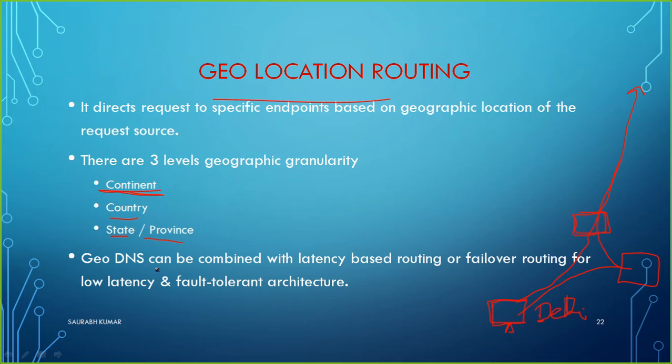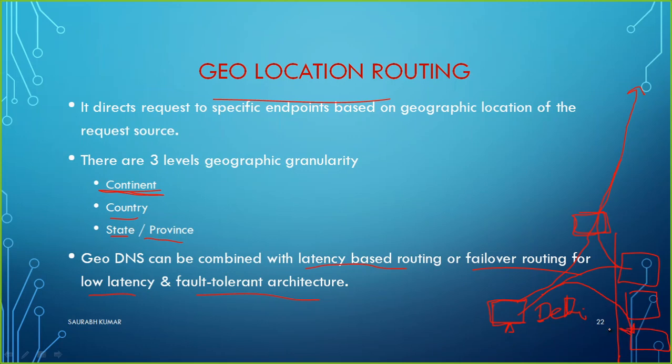DNS can also be combined with latency-based routing as well as failover routing for a low-latency and fault-tolerant architecture. So with GeoDNS, you can combine it with low latency as well as failover, so that the request will not only go to the nearest DNS server, but within the nearest location you may have multiple DNS servers, 1, 2, 3. Out of those, the request will go to the one with low latency.